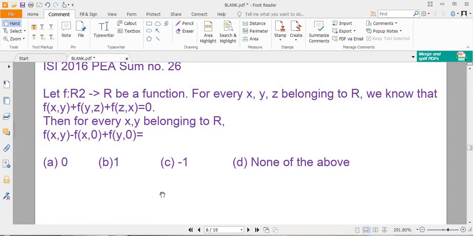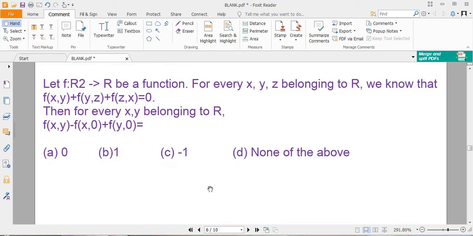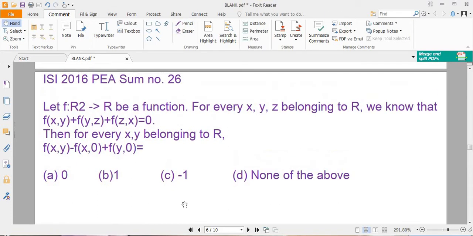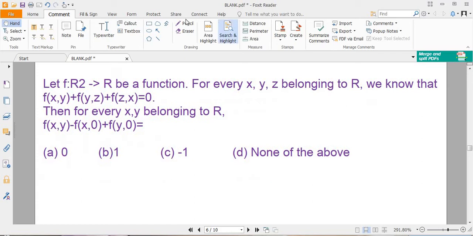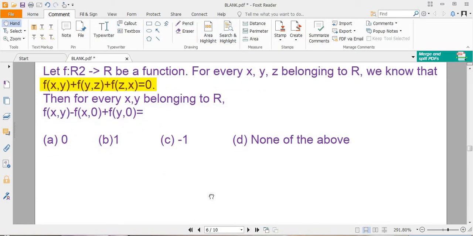Now the first thing that we usually need to do for these sorts of sums is to find out what f(0,0) is, because usually that is helpful. So let's look at this expression that we have. Let me highlight this expression, because we'll be coming back to it again and again.